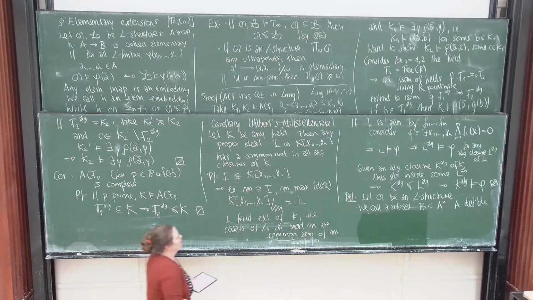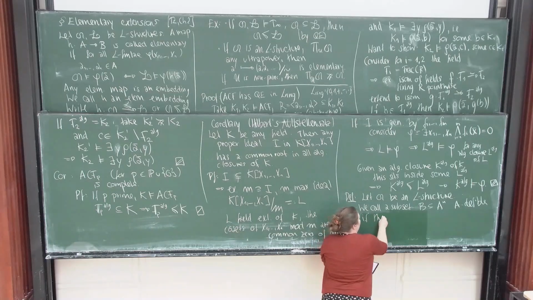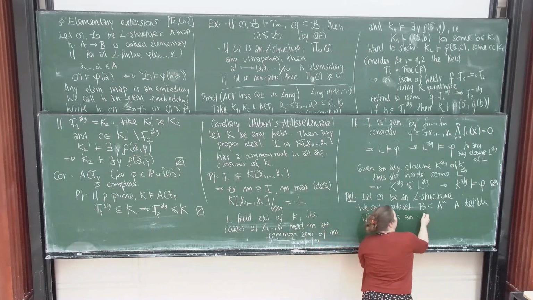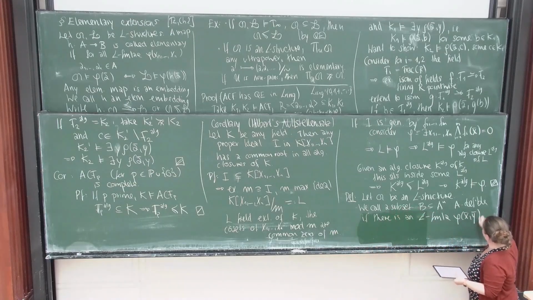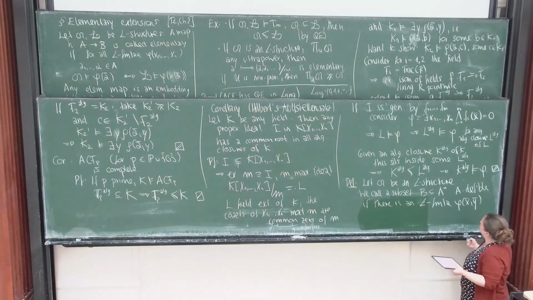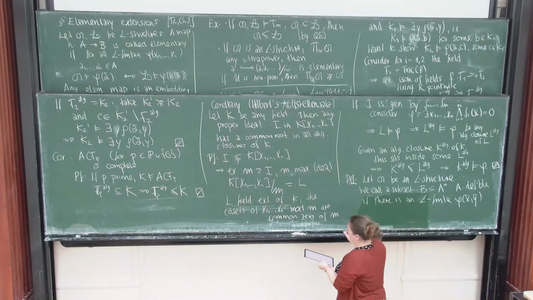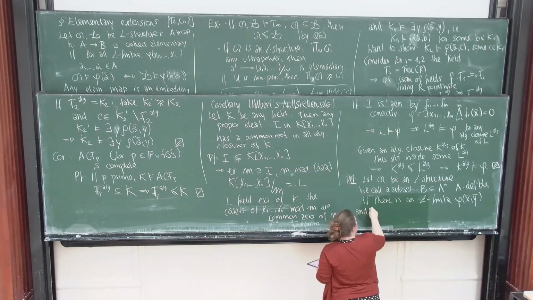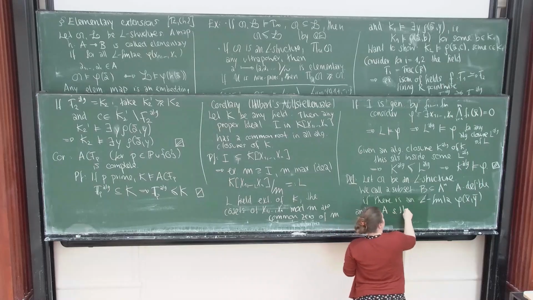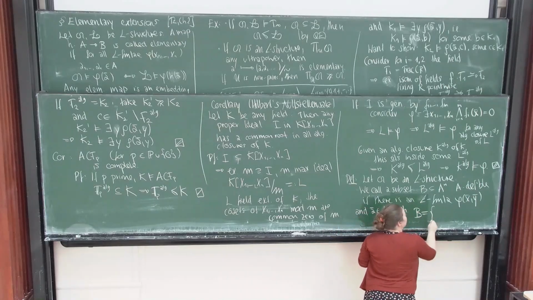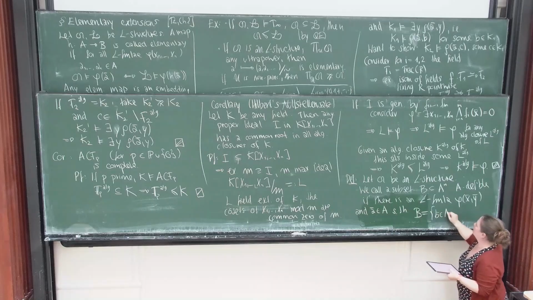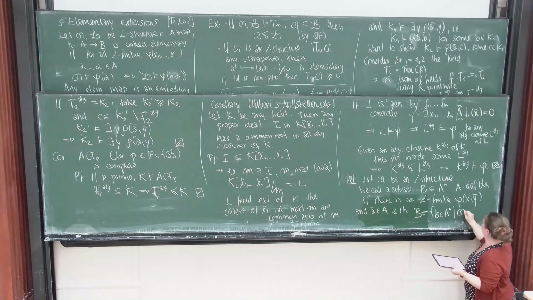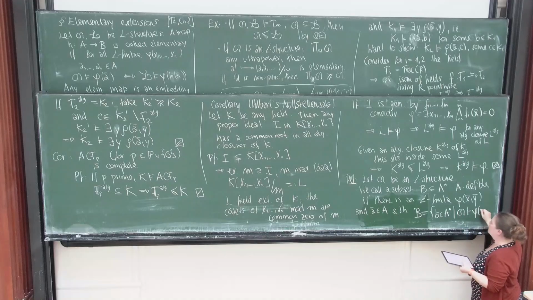So, if there is an L formula phi in two lots of variables, x and y, both of a potentially different length, and a tuple a bar in A, such that B is exactly the set which is cut out by those b bar in A to the n such that phi of b bar comma a bar holds.